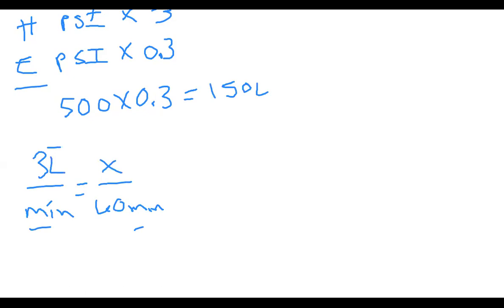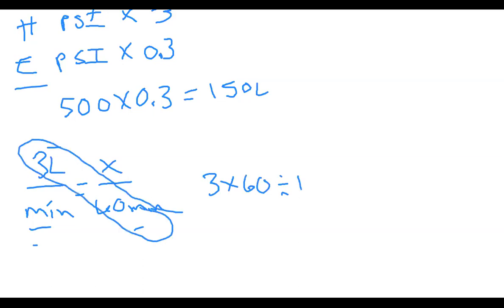So our cross multiplication is 3 times 60 divided by 1, which is the 1 minute. You might see some people that do that, cross multiplying. In this case, the problem is going to equal 180 liters in 60 minutes.